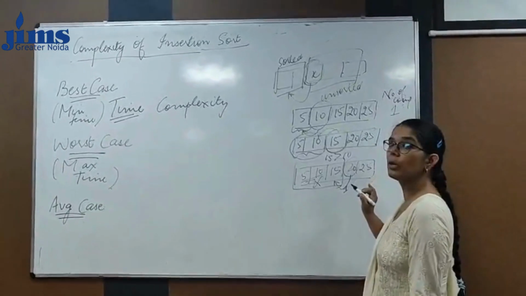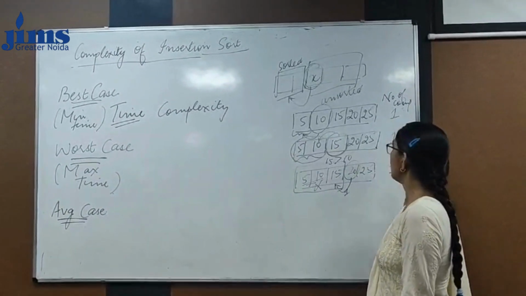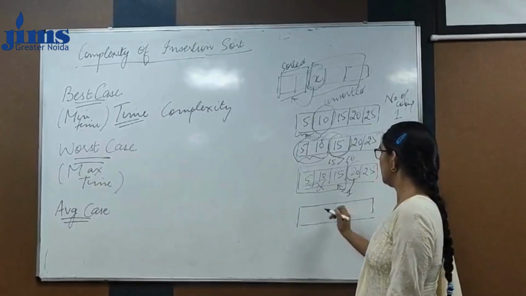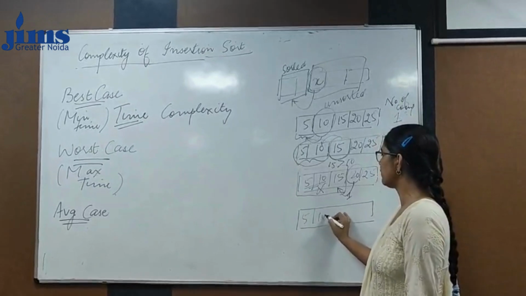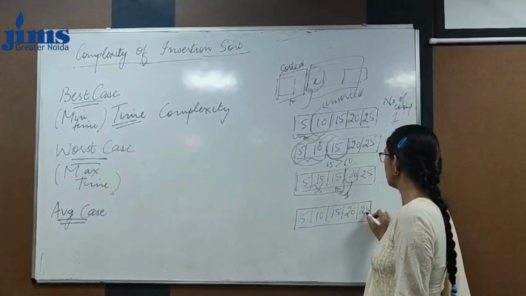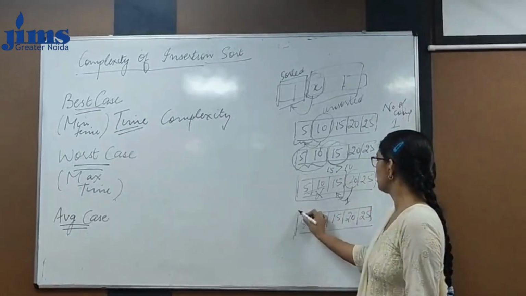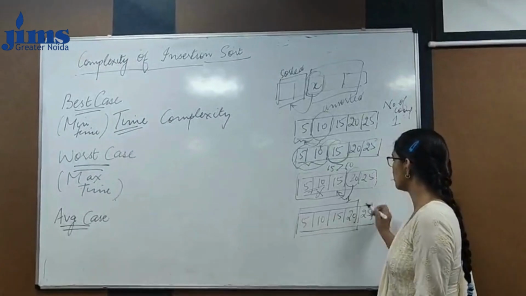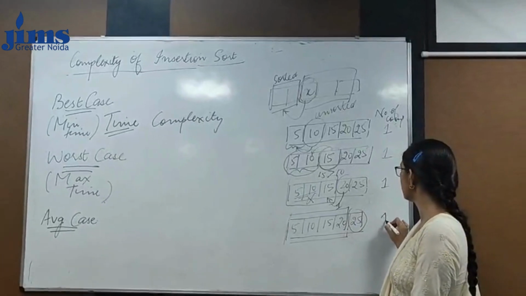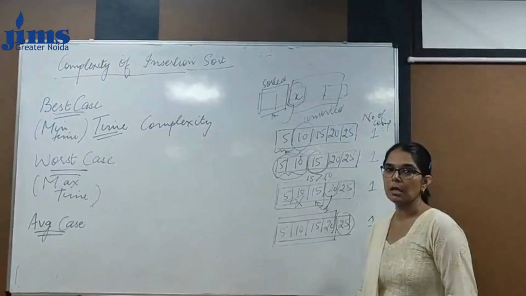Only a single comparison, and it has got placed at the correct position. So now the first four values have got sorted, only 25 is left. Again the same case, 25 will also encounter only a single comparison.